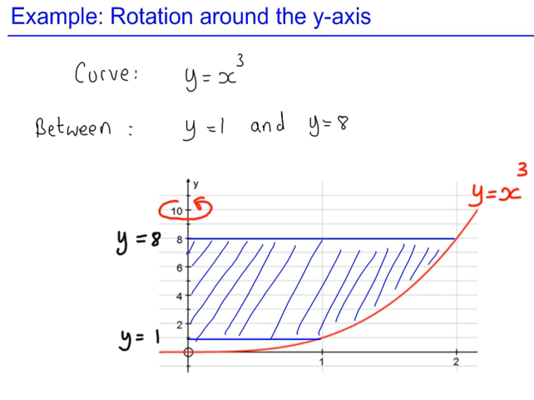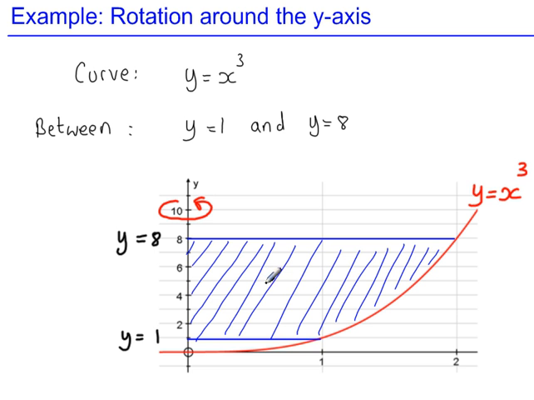Okay, moving on. In this example, we're going to look at, again, rotating an area, but this time around the y-axis. So you can see from the sketch, it's this shaded region here that's going to be rotated, and it's a rotation of 360 degrees, or 2 pi radians, around the y-axis.